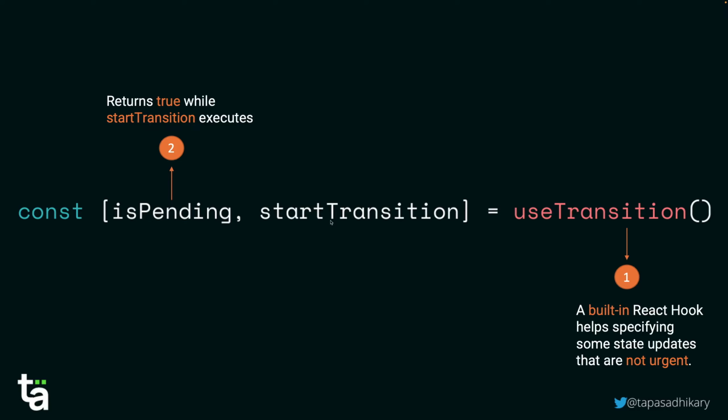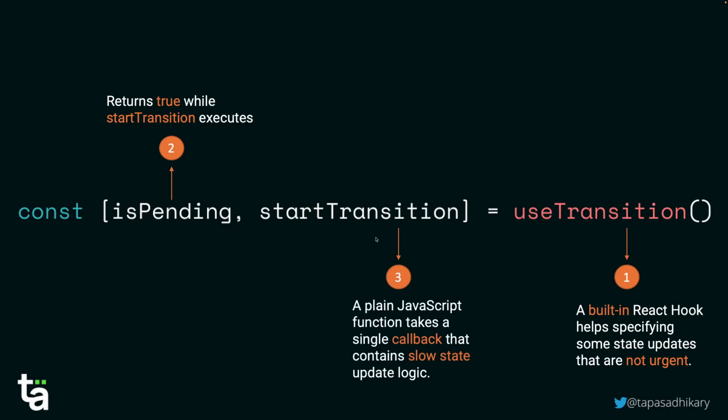Now, I already told you startTransition is a function. It's a plain old JavaScript function which takes one argument, and that argument is a callback function. If you are new to callbacks, I have an exclusive video for callback functions. Please go ahead and look into it. It's on the same YouTube channel.